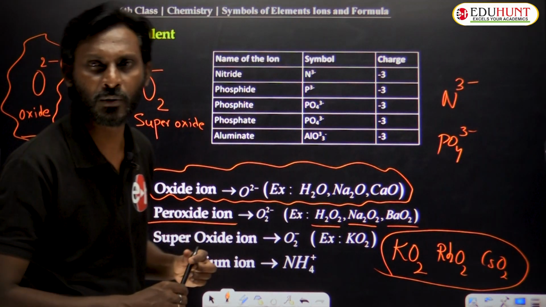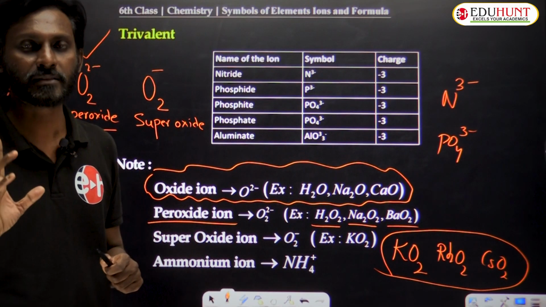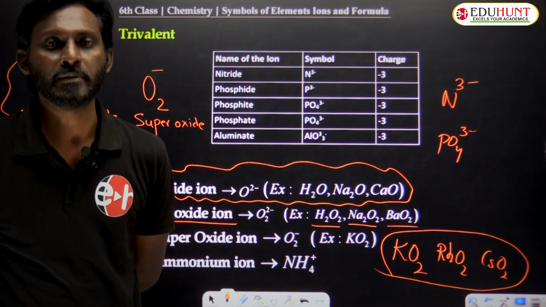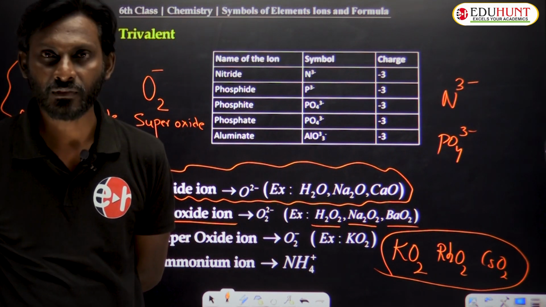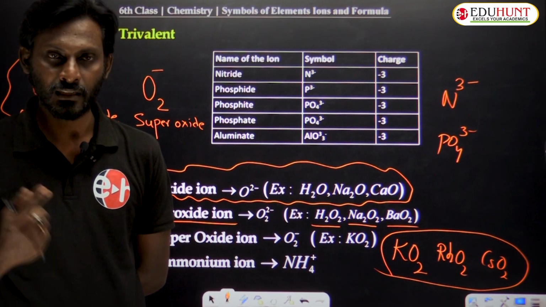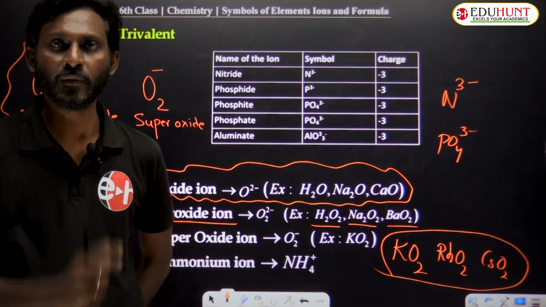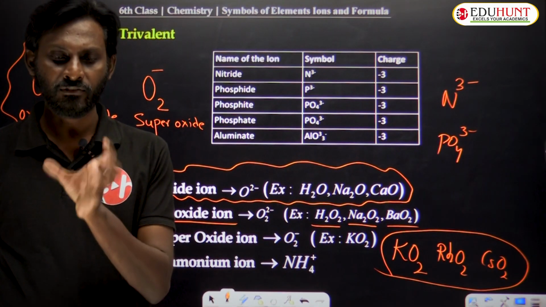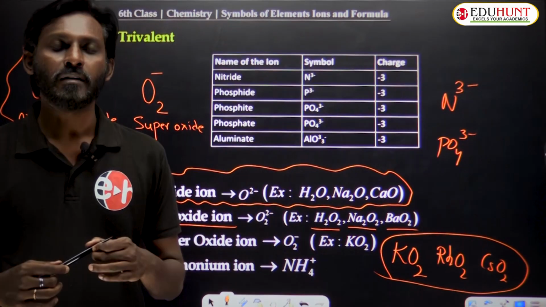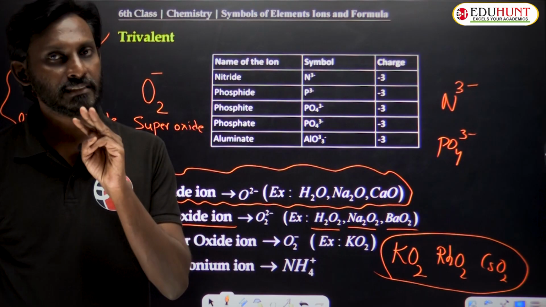I hope you understand this modern concept of valency, the combining capacity. We are going to meet in the next video with the concept called variable valency. Earlier I explained that every element has a fixed valency, like carbon valency is 4, nitrogen valency is 3.